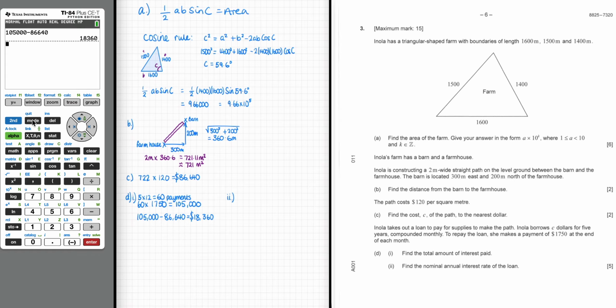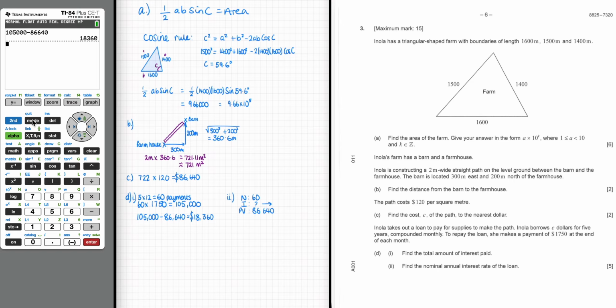Okay, so this is where we're using the finance solver. The number of payments is the 5 times 12, which is the 60. The interest rate is what I'm trying to find. The present value is the amount that it's cost me. So that's, what was it on mine? It was 86,640.